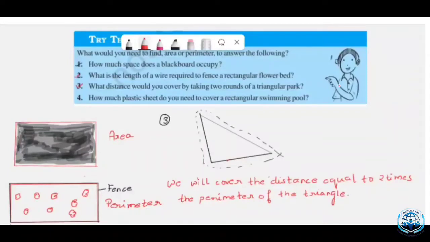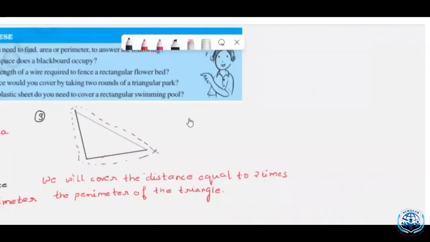Fourth one, how much plastic sheet do you need to cover a rectangular swimming pool? This is a rectangular swimming pool.